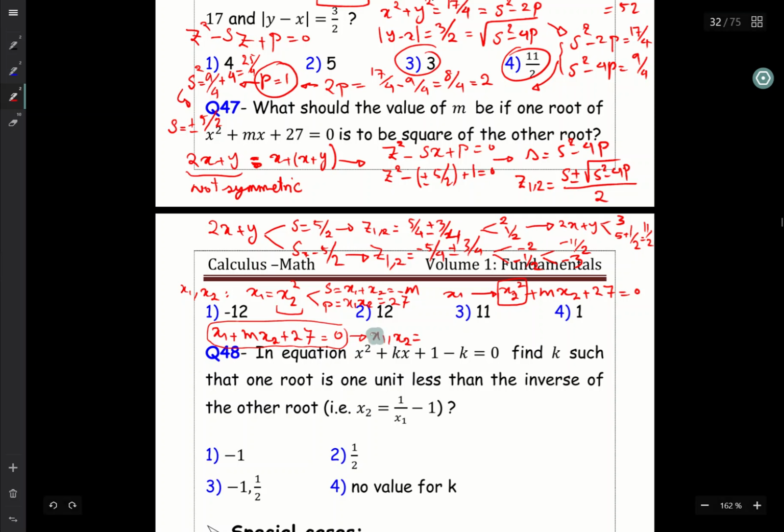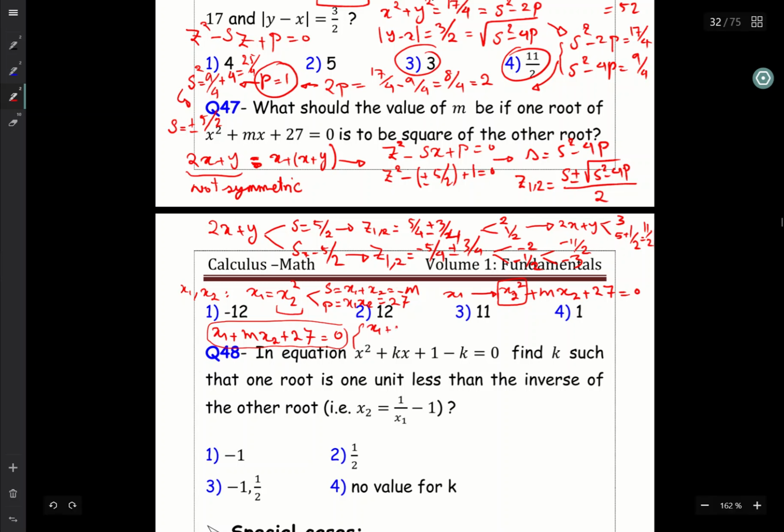So what is the delta here? We can use another thing. The idea here is that we need to find x1 and x2 in terms of m, okay?